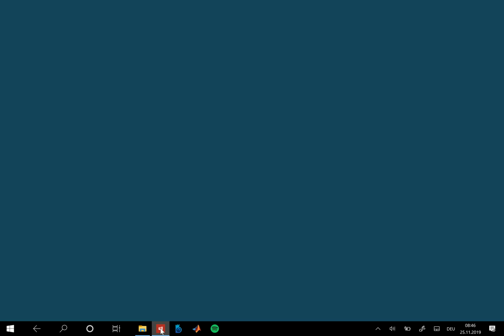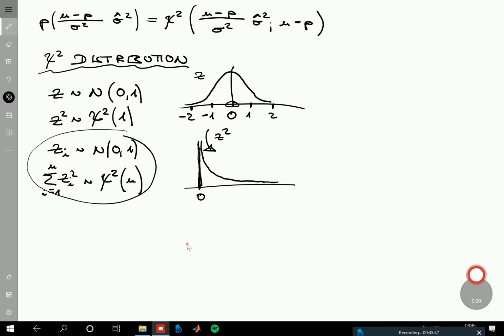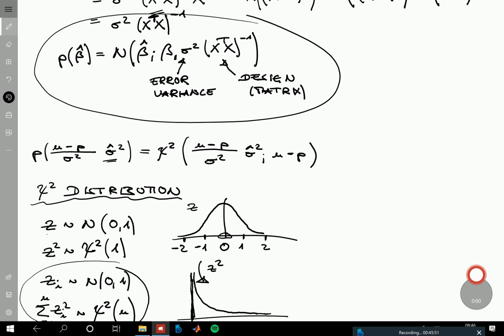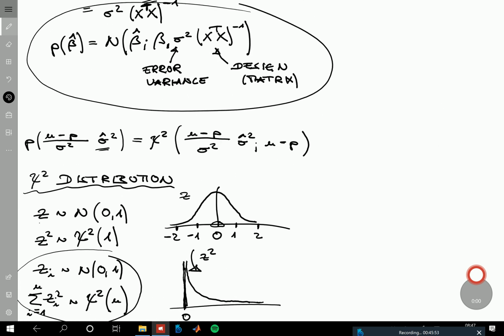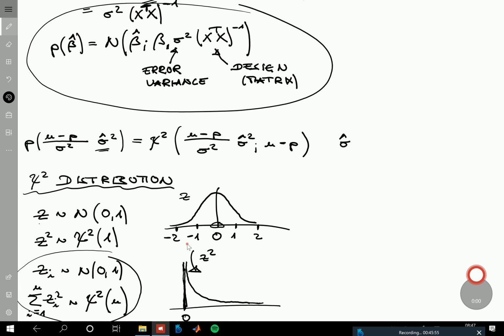Now the point here is that this variance parameter also results from a squaring operation. If you think about this again, you have y minus x beta hat, transposed, times y minus x beta hat. You have something normally distributed here and something also normally distributed here.